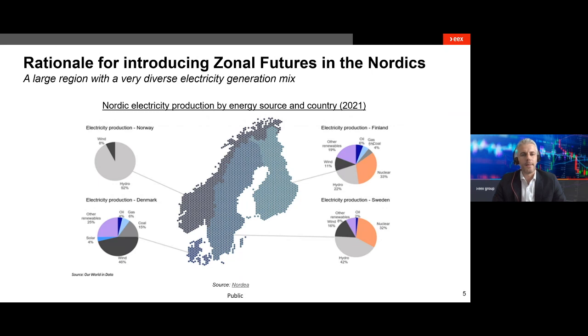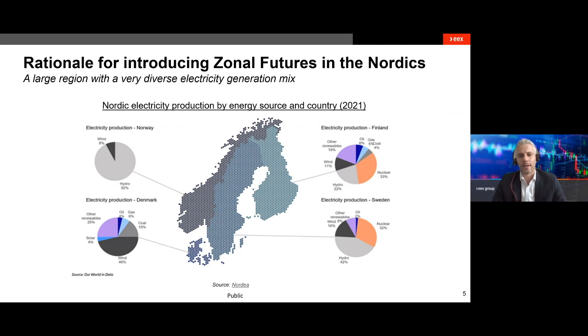As you can see here on that slide, it's a relatively large region with a very diverse electricity generation mix. These four countries, Denmark, Norway, Sweden, and Finland, have a completely different electricity generation mix, as you can see. Denmark, for example, is driven predominantly by offshore wind, in contrast to Norway, driven by hydro.